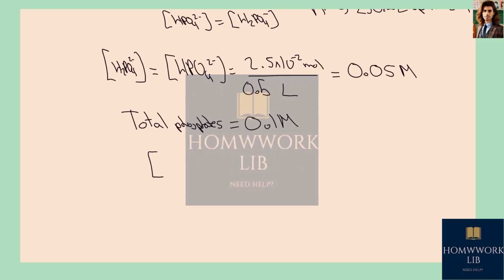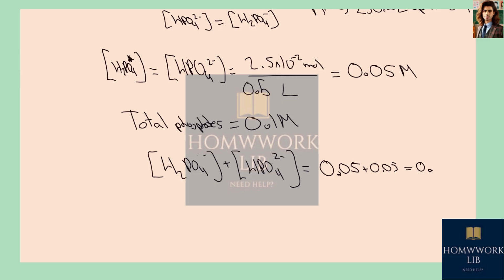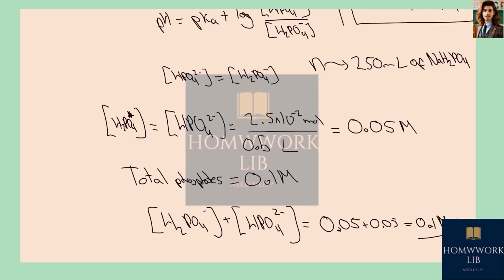Simply we need to add up the concentration of H2PO4 minus plus the concentration of HPO4 2 minus. Okay, just be careful with that. The concentrations are the same, so this is 0.05 plus 0.05. This is 0.1 molar. So everything matches up and we're done with the problem.